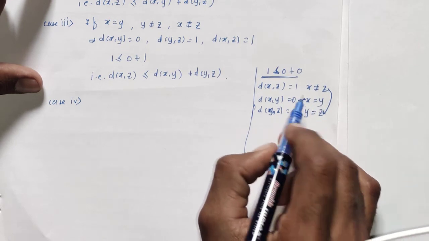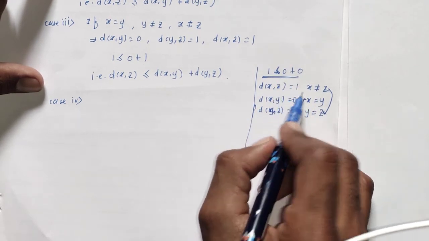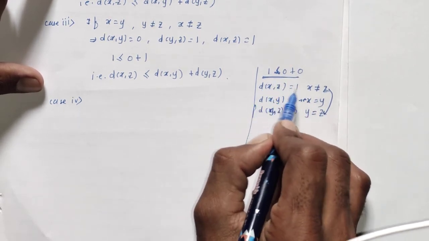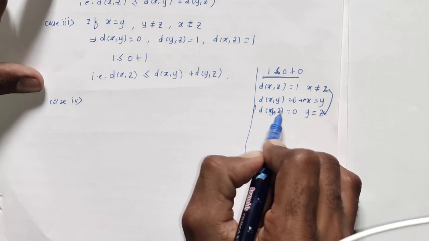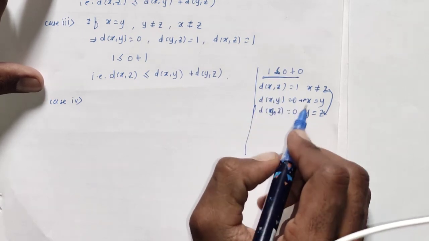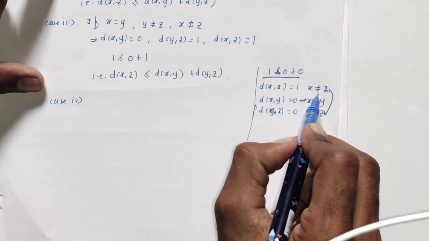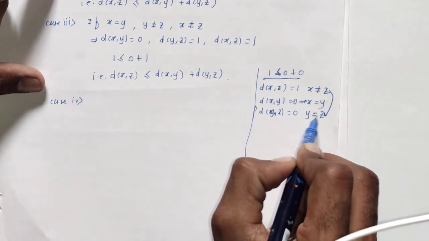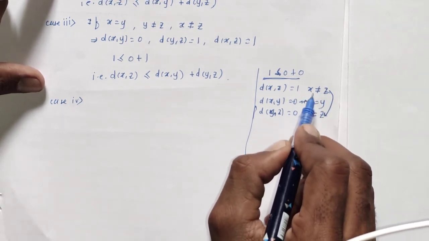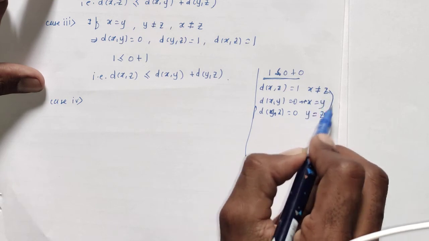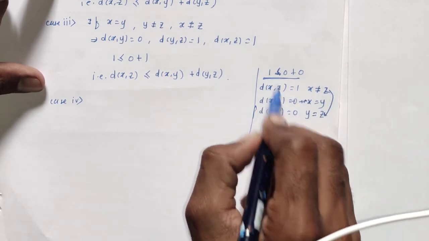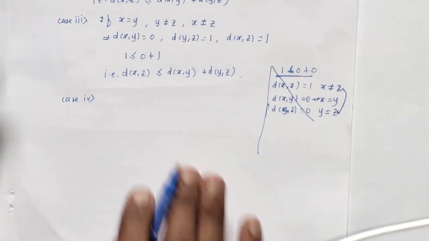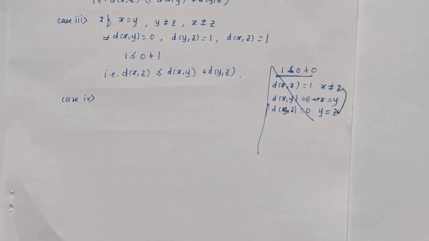Therefore we can say that this case is not possible, that is distance of xz equal to 1 and distance of xy equal to 0 and distance of yz equal to 0. This case is not possible, because x not equal to z and z equal to y will give us x not equal to y, which is a contradiction. So this case is not possible. This is just the rough work that you don't have to write in your notebook.